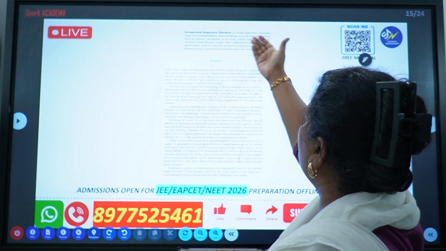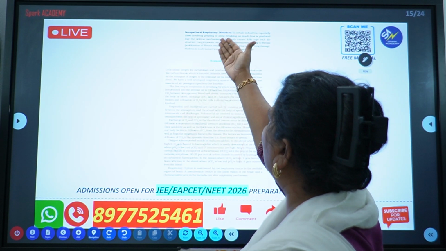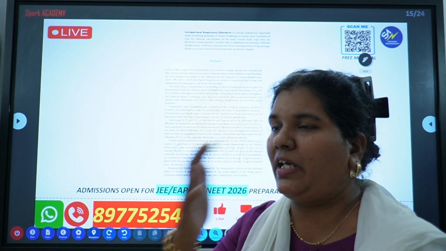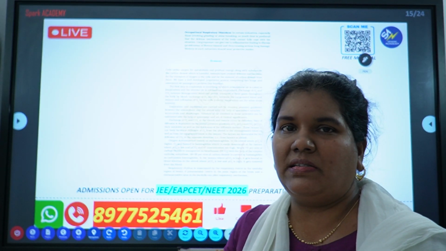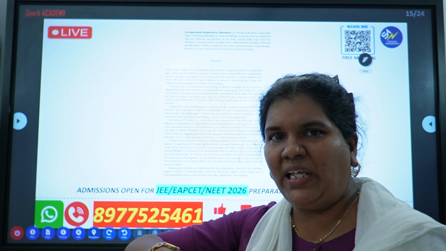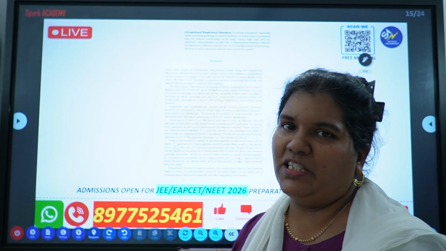For example, in certain industries, people who are working in industries involving grinding and stone breaking, and also in chemical factories where chemicals like asbestos, aluminium, certain kinds of heavy metals are used, and in cement industries, what will happen? The dust we breathe gets accumulated in the lungs, and it leads to different kinds of respiratory disorders.